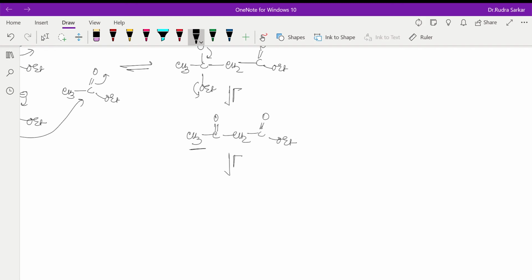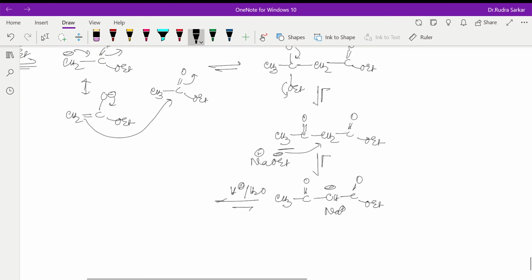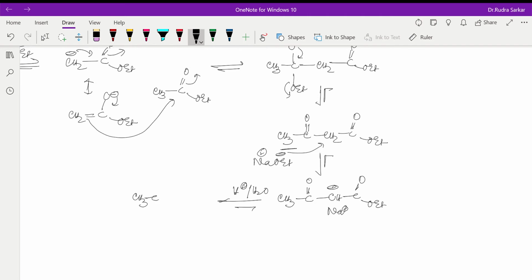To take it out of the equilibrium, we need an excess amount of sodium ethoxide, which will abstract another proton, making an anion, and this now separates out of the reaction medium as a salt, which when hydrolyzed with mild acid will give you the desired product.